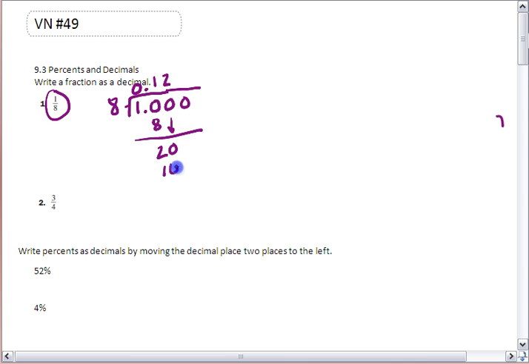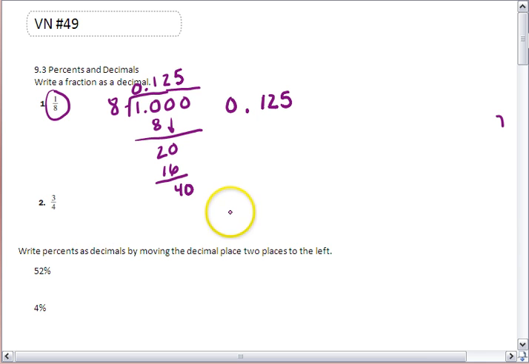I get 16. Remainder of 4. 8 goes into 40 5 times. So 1/8 is 0.125, or 125 thousandths. So I've just written that fraction as a decimal.